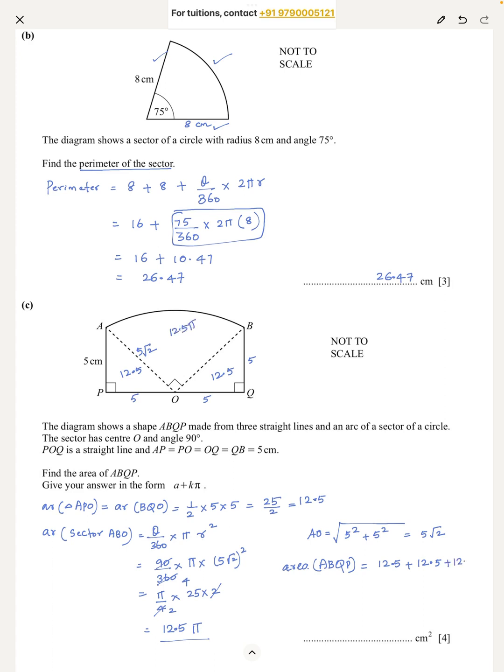I'm not disturbing that pi because this is the format that we have to get, a plus k pi form. So 12.5 plus 12.5 is 25. 25 plus 12.5 pi. So this is our answer. It is following the format they wanted. So the answer goes like this: 25 plus 12.5 pi centimeter square.